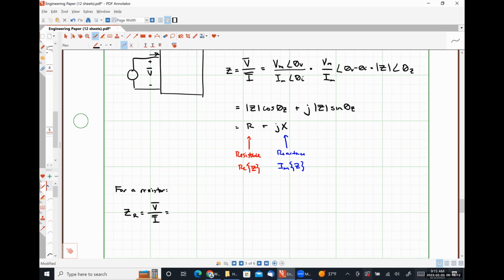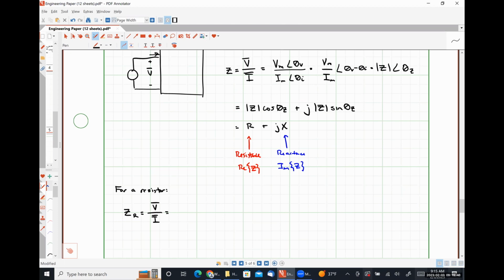So you guys go back a page in your notes and tell me what that's going to be. Annie, what do you think it is? You're looking at notes. So we had phasor voltage V is equal to R times phasor current I. So divide both sides by phasor current I. What do we get?